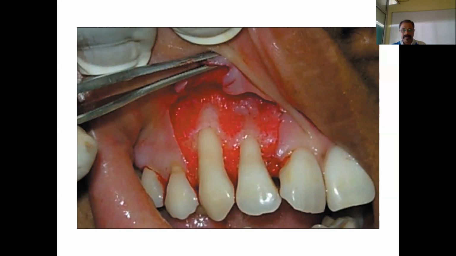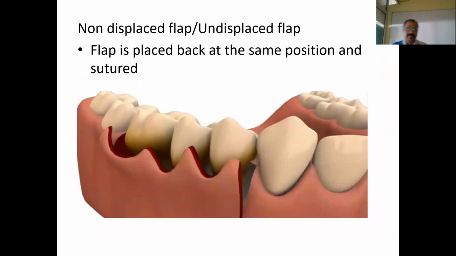Okay, right. The second classification is, depending on the placement of the flap after you do the surgical procedure, there are two types. One is a non-displaced flap, also called an undisplaced flap, wherein you give the incision, raise a flap, do a root debridement, and after you finish your surgical procedure, you put back the flap at the same position where it was prior to your surgical procedure.